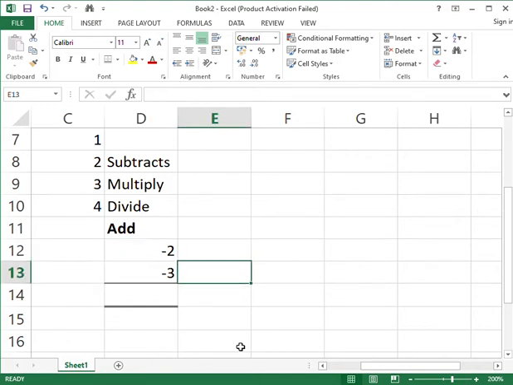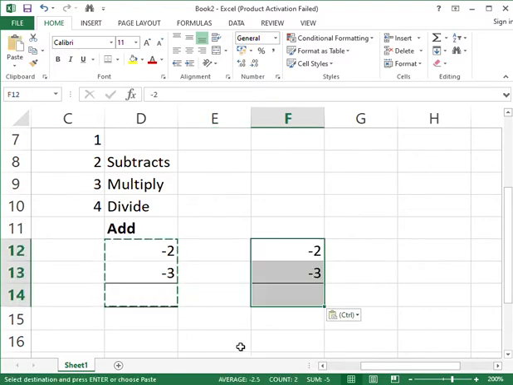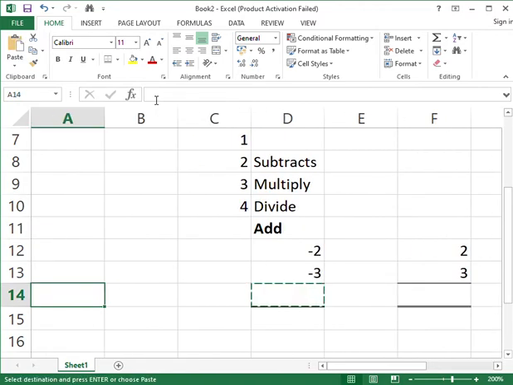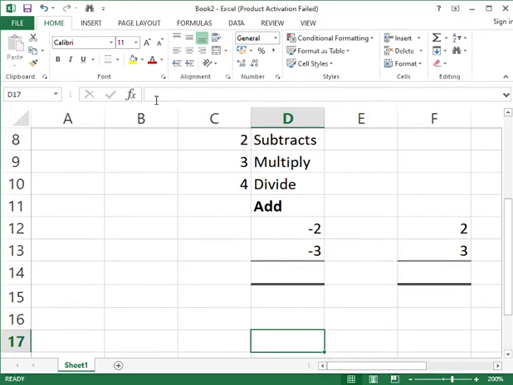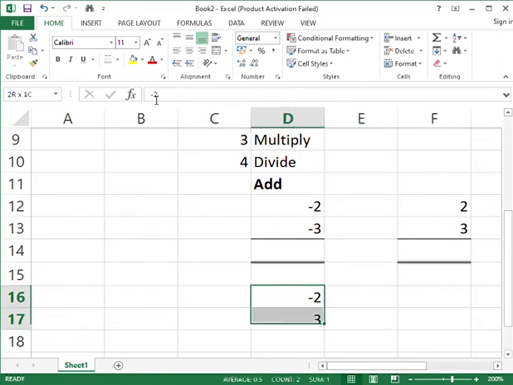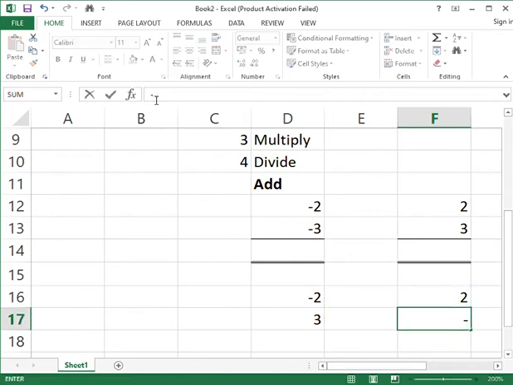The next question I will take is the same: let me say this is +2 and +3, right? And then I will try to solve this. The third question will be -2 and +3, and the fourth question will be 2 and -3.